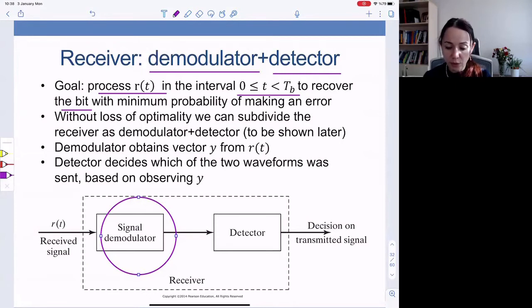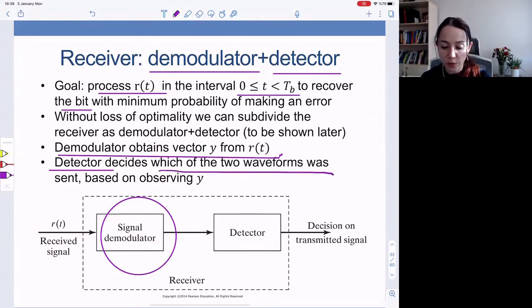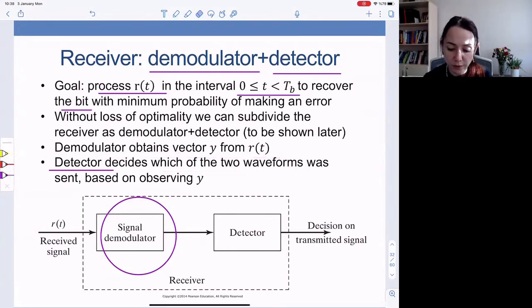The demodulator is going to obtain this vector y, which is the sufficient statistic. The detector will then look at y and decide which of the 2 waveforms, because we're talking about the binary case, was sent based on the observation of the sufficient statistic y.